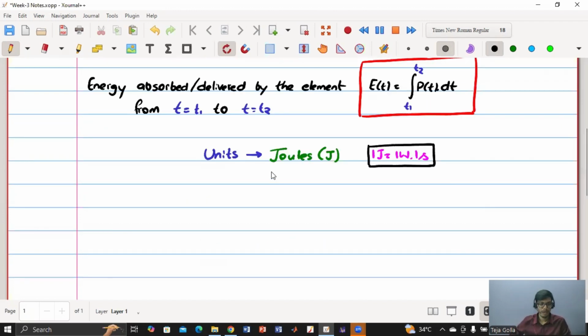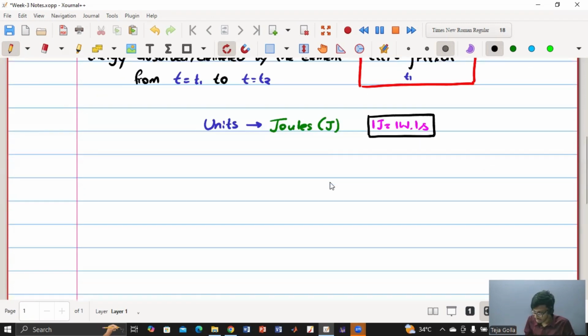Now we'll consider power and energy in a resistor. I will not go into more details, but I'll just quickly write the formula so that we'll understand it easily. So first we'll take power and energy in a resistor.